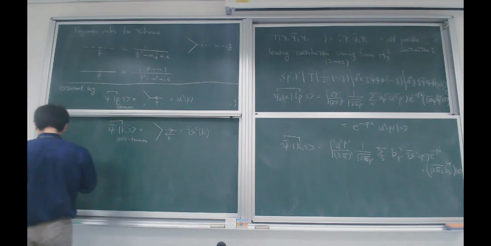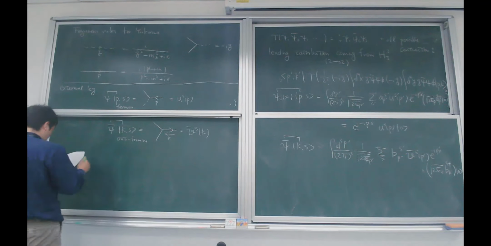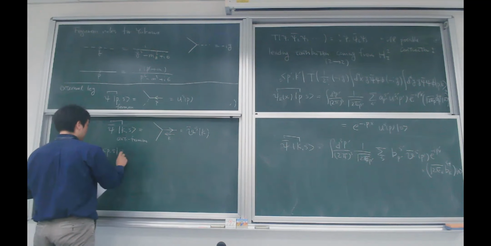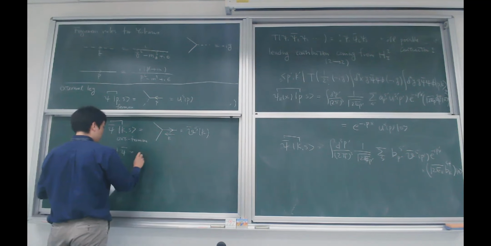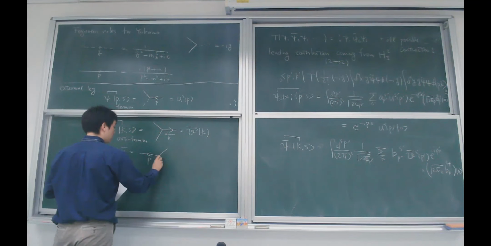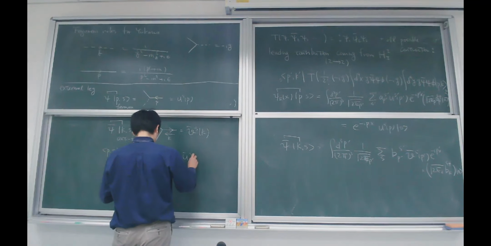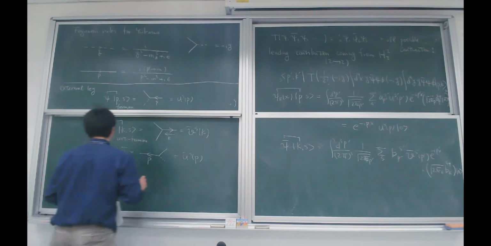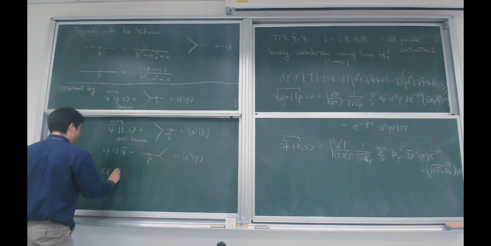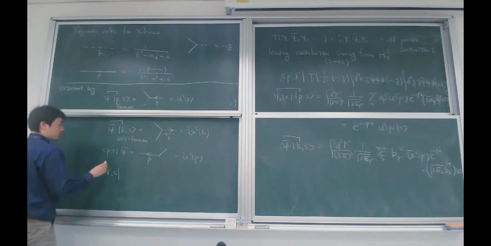Likewise, you have p and s acting on this, which is equal to v bar^s of k. This is of course the anti-fermion, or anti-nucleon, whatever we call it.